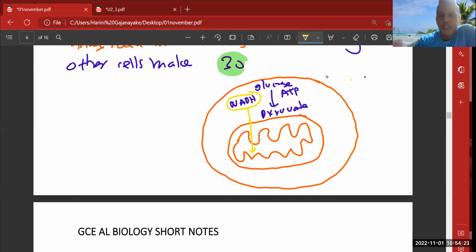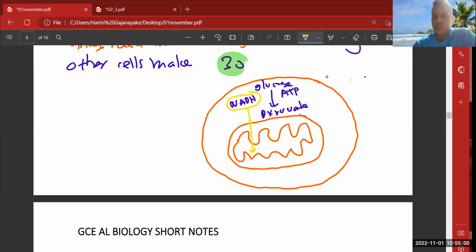With your basic knowledge, you can understand that some transport methods use energy, for example active transport. Active transport needs energy. So NADH moving into the mitochondria uses some energy. That's why two ATP molecules cannot be used. But liver cells and cardiac muscle cells optimize not to waste this energy.